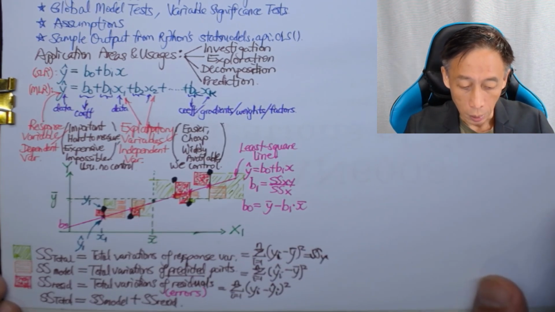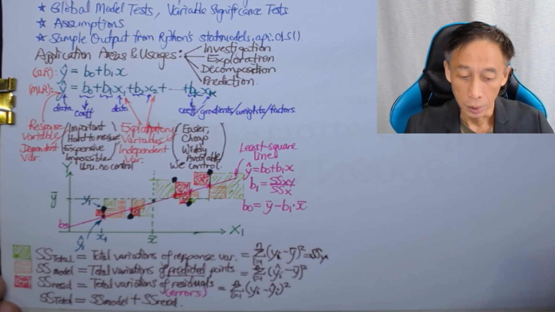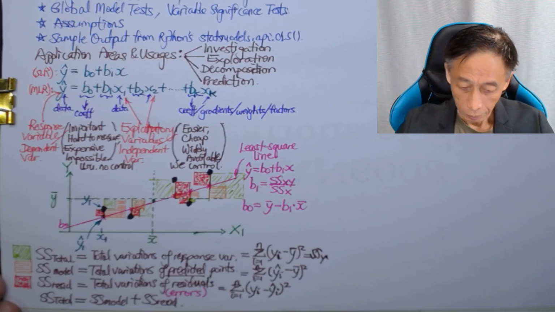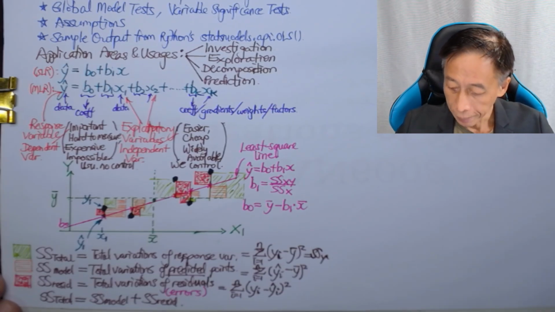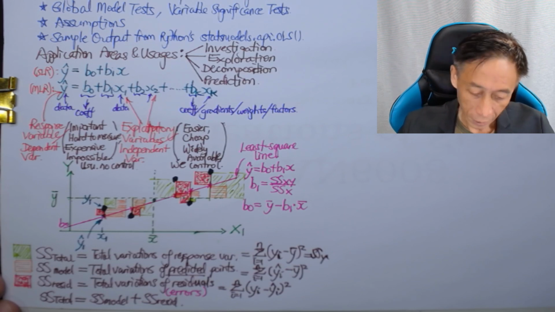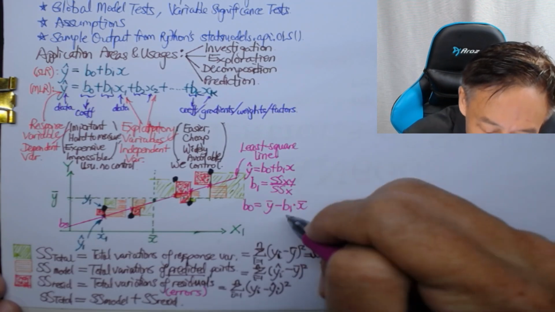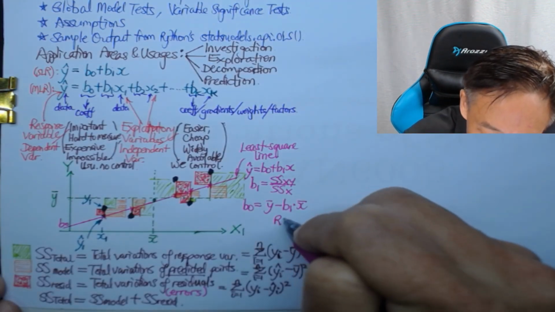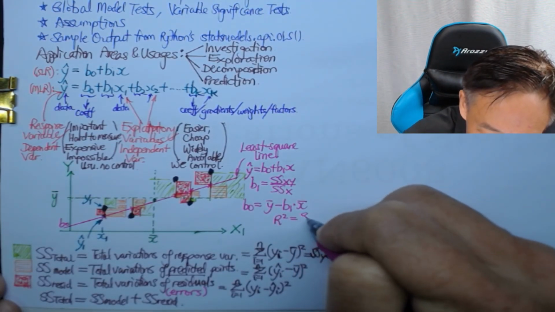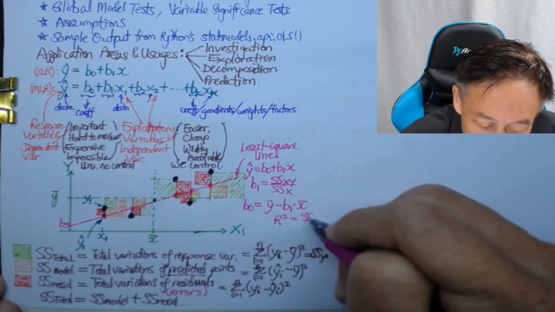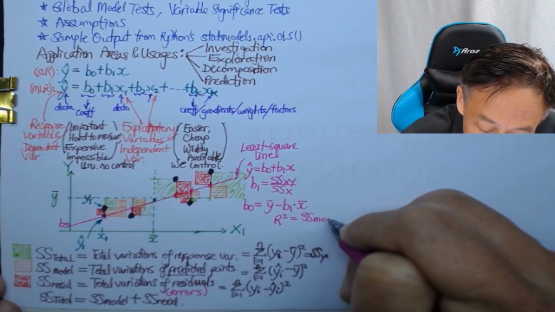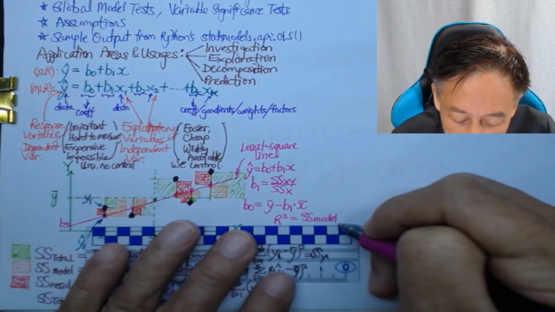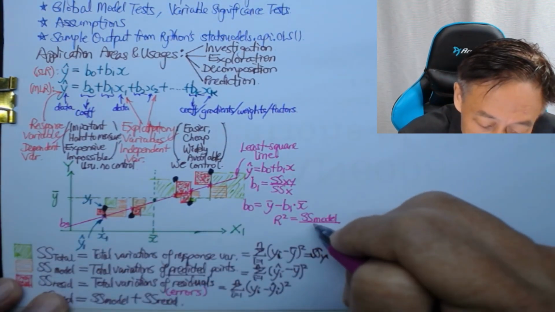So what have we got? The idea, of course, is to calculate the R squared. We will talk about the R squared. So the R squared will then be understood as the SS model divided by the SS total.